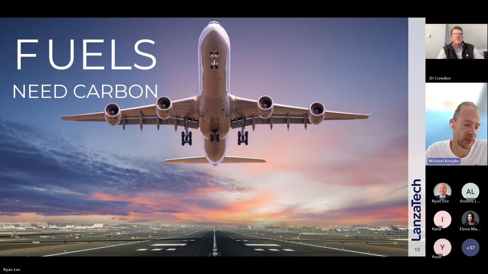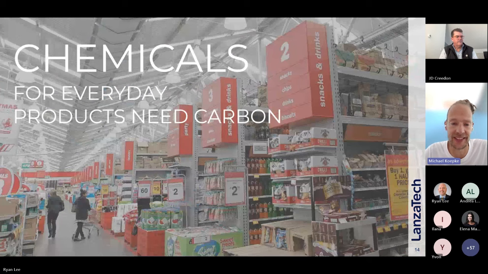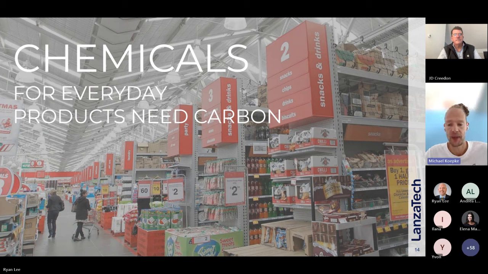There's obviously battery technology, but for transatlantic and transpacific flights, that's still a good period away, and we need to bridge that. And then if we look at chemicals and the everyday materials we use most of the day, these are all based on carbon. Most are hydrocarbon products.